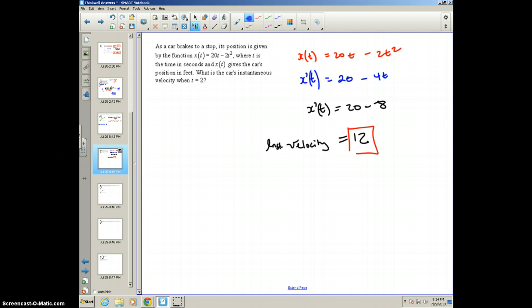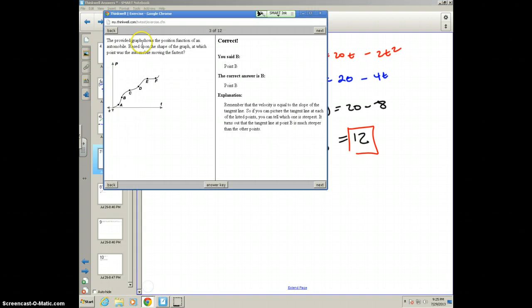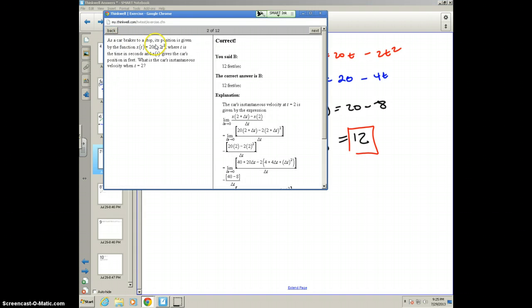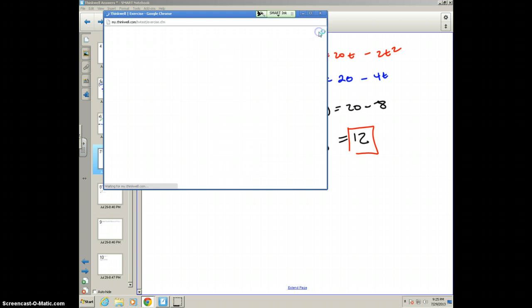And this could be in meters per second, feet per second, it just depends on what the problem is given in. And if we look up here at our answer choice, we can see that the answer is 12 feet per second. And we can move on to our next problem.